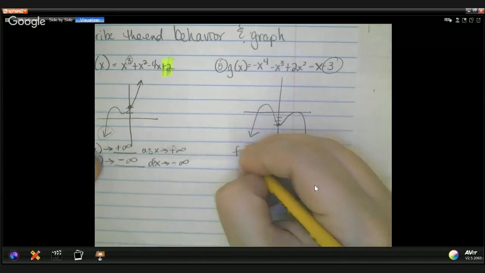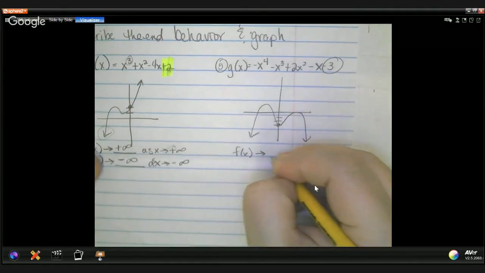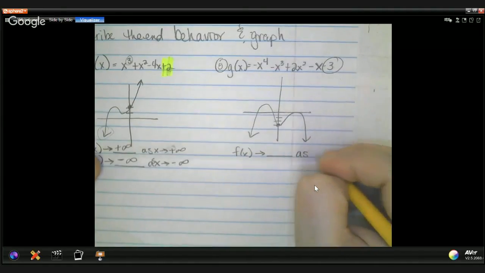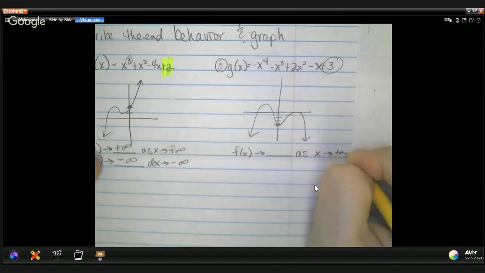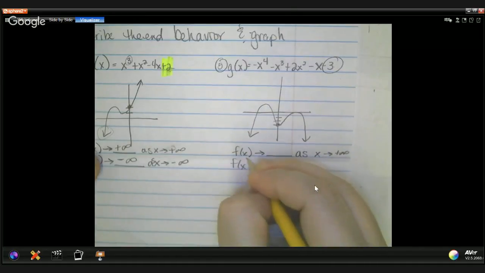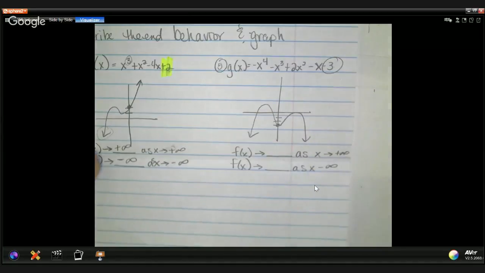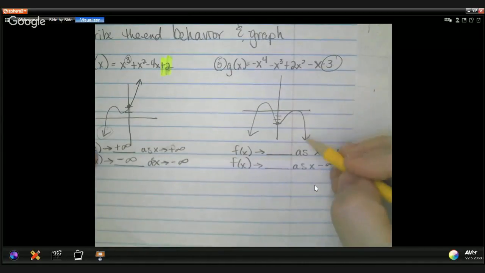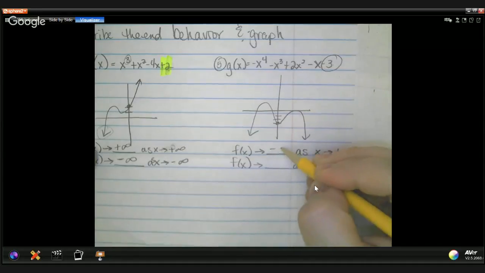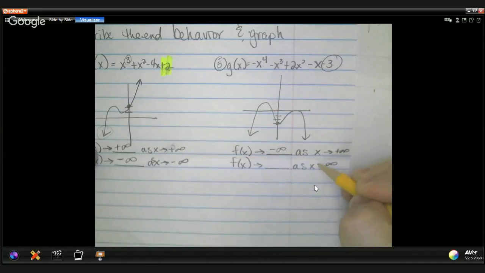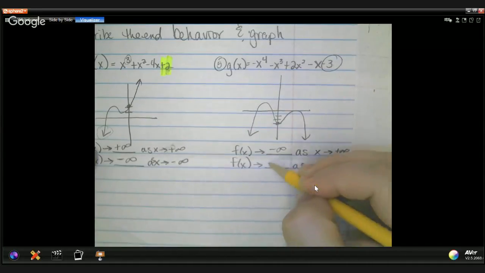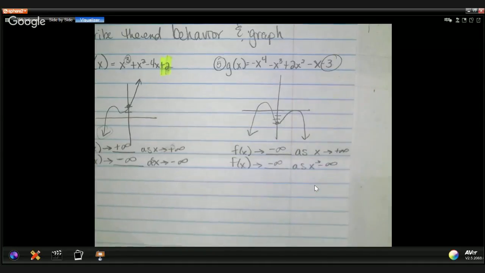And so where does my y go as I go to the right? And where does my y go as I go to the left? And as I go to the right, it goes down, so it's a negative infinity. And as I go to the left, it also goes down, so it's a negative infinity.